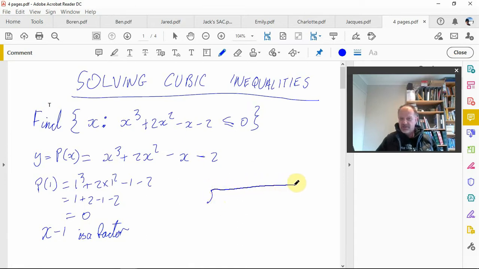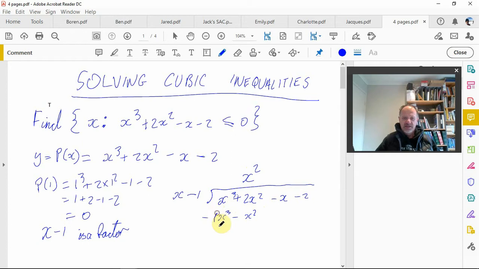In previous lessons I've been using synthetic division. I know some people use long division, so I'll do the long division method this time. So we've got x cubed plus 2x squared minus x minus 2. To get x cubed, you've got to multiply x by x squared. Multiplying x squared into that gives x cubed minus x squared.